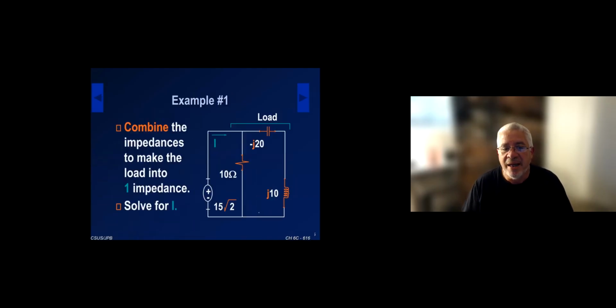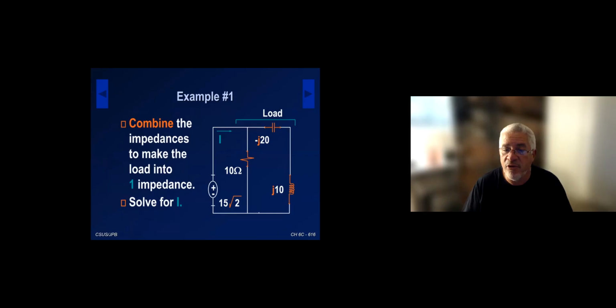So let's convert this circuit to phasor form, since we have the frequency of 1,000 radians per second. We calculate the impedance of the capacitor and the impedance of the inductor. And the source in phasor form is 15 square root of 2 at an angle 0. I could do nodal, I could do mesh here, but I can also just simply combine impedances and solve.